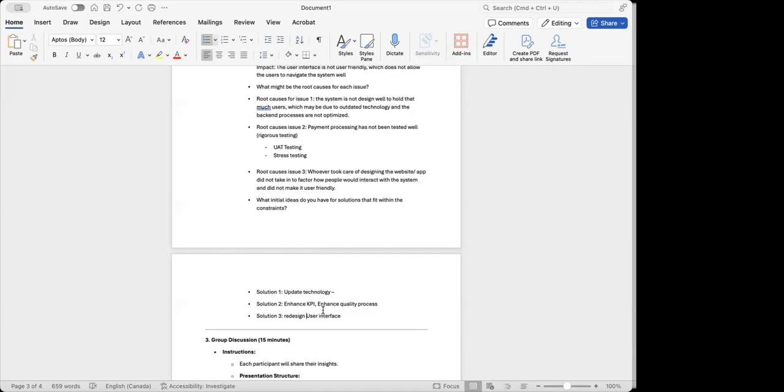So I would offer them the list of the problems from the business perspective, and ask them if we can implement some solutions, and if, within the budget, we can redesign the user interface. So I believe that would be my role here.